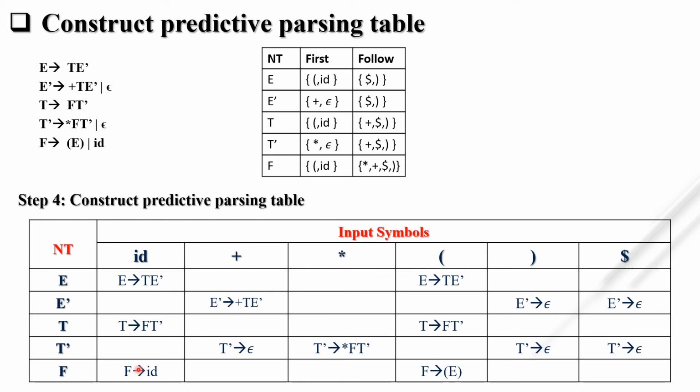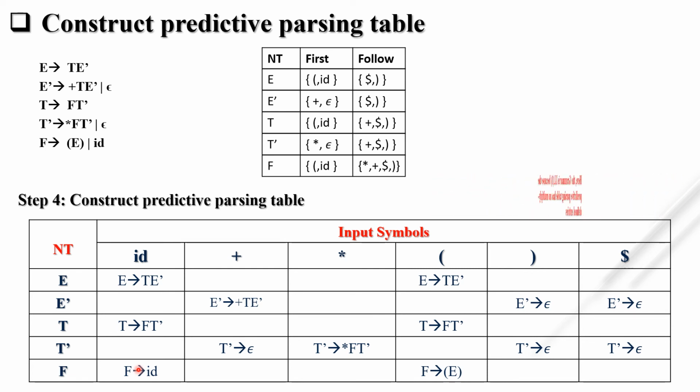Okay, so there is one question which will be asked in the GATE examination: check whether this grammar is LL1 or not. For that grammar, what is our first step? We have to remove left recursion, then remove left factoring, then find first and follow, then construct the predictive parsing table.